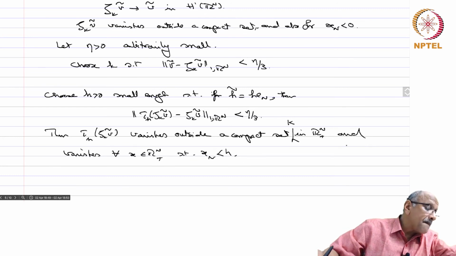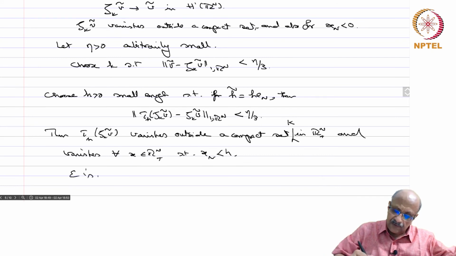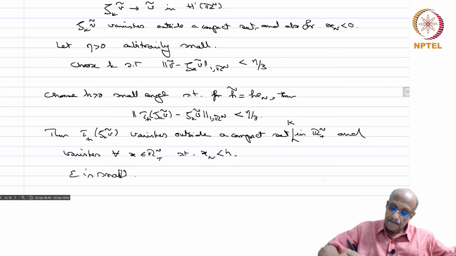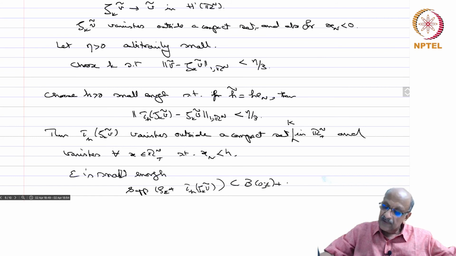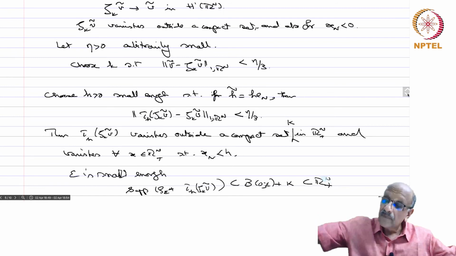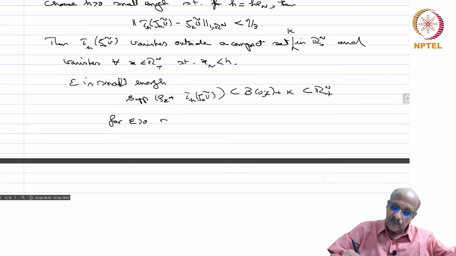Now if epsilon is small enough, the support of rho epsilon star tau h zeta k V tilde is contained in the ball with center origin and radius epsilon plus K, and this is still contained in Rn plus for epsilon greater than 0 sufficiently small.